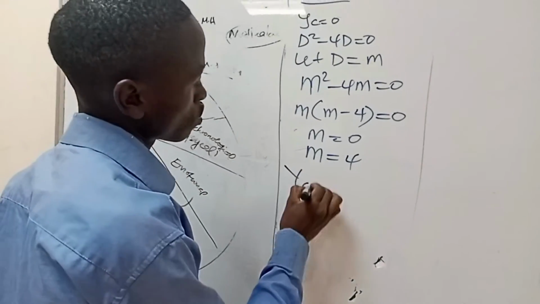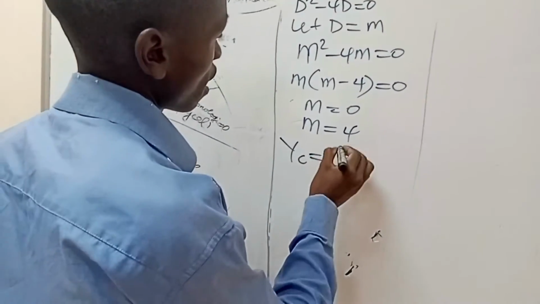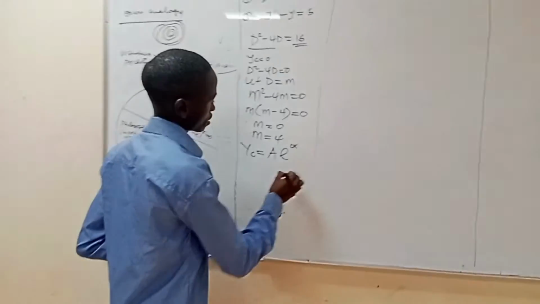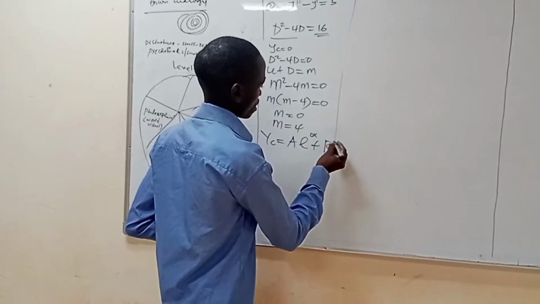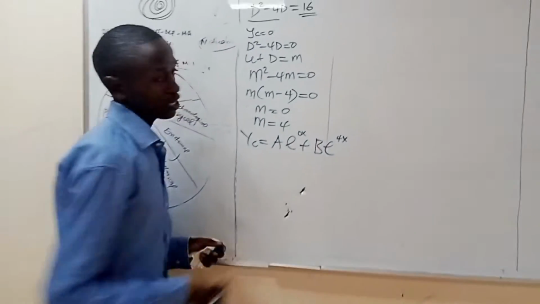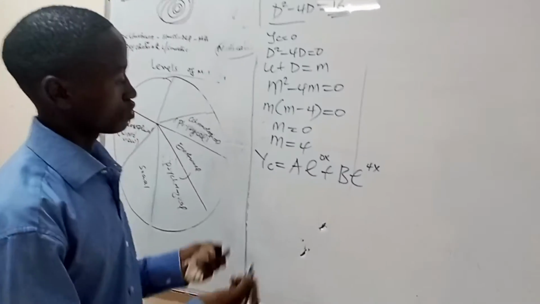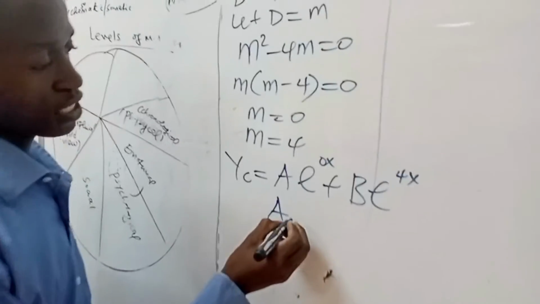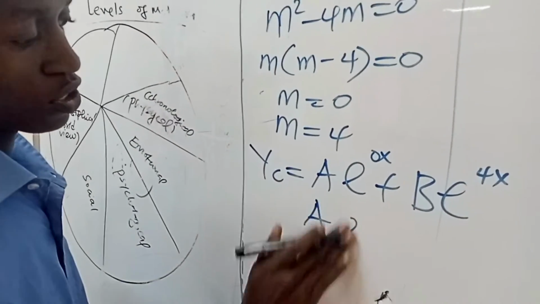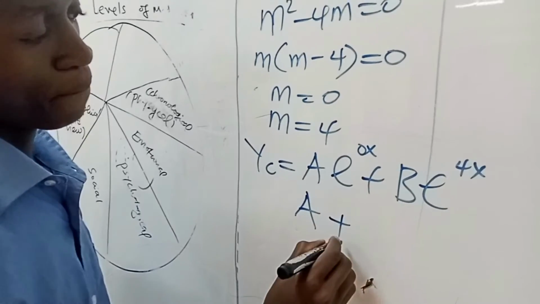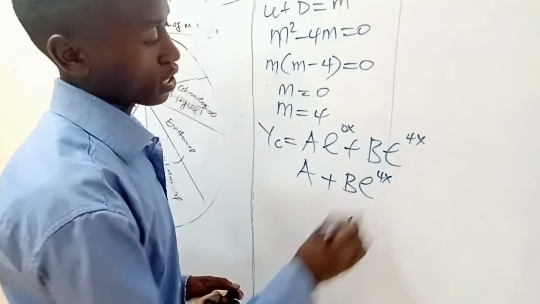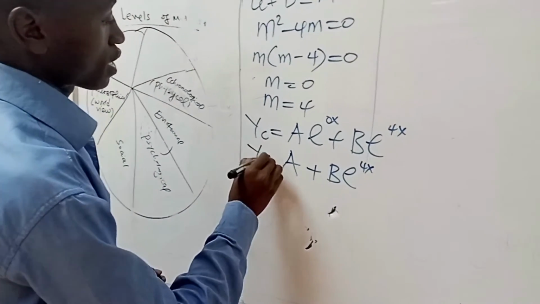So your yc you are getting as a e to the power 0x plus b e to the power 4x, of which anything to the power 0 is 1. So this will just remain a, a constant. So e to the power 0 will just be 1, and you'll remain with the constant a plus b e to the power 4x.